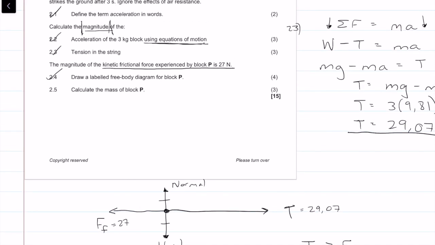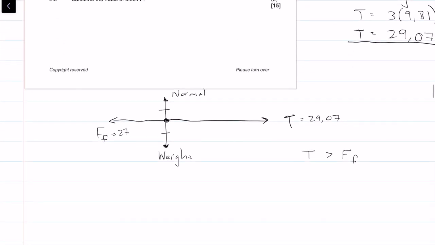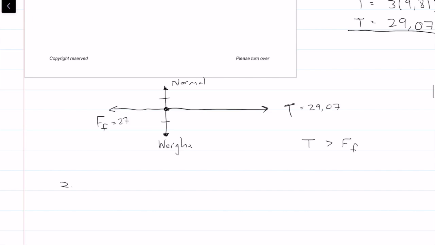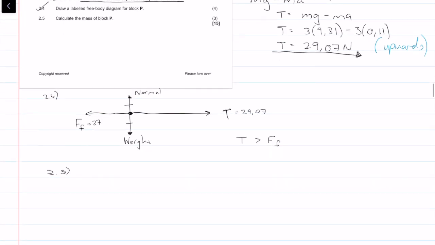Then it says calculate the mass of block P. Okay, so how are we going to do this? Again, we can go to Newton's laws, and this is 2.5, and this was 2.4. Okay, so we want to calculate the mass of block P. So we can say that the sum of the forces in the rightwards direction is equal to my mass times my acceleration in the rightwards direction.